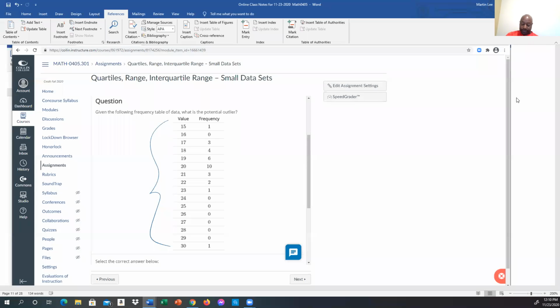Uh-oh. Give me a second. I need to find something in my notes to help me out here. Well, most of the values are between 15 and 23, whereas 30 is far above the rest of the values.